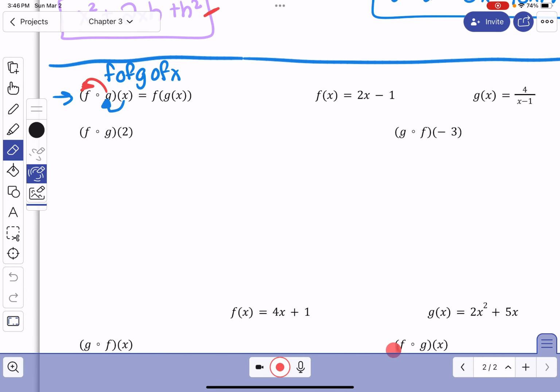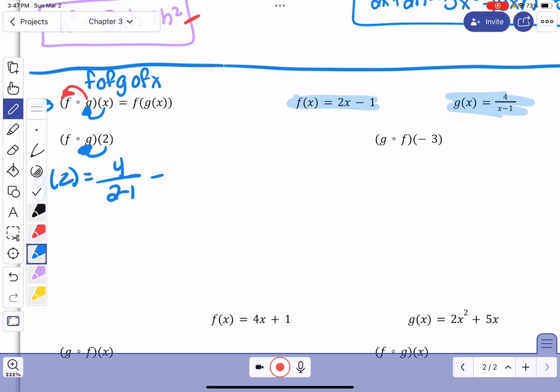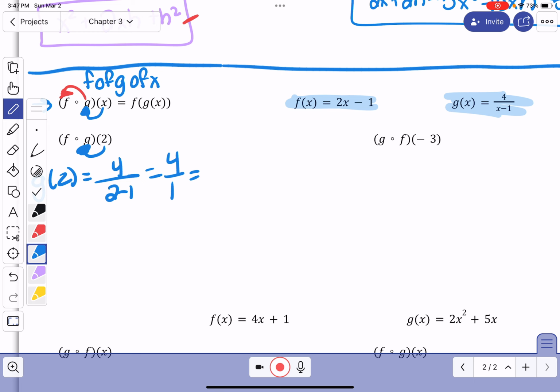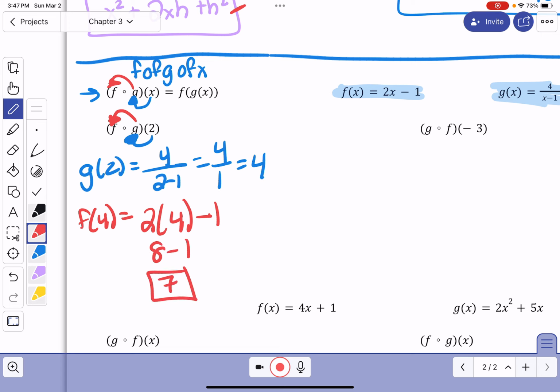So if these are our f and g here, first we're going to plug 2 into g. So g of 2 is 4 over 2 minus 1. 2 minus 1 is 1. 4 over 1 is 4. Then we take that 4 and plug it into f. So f of 4 would be 2 times 4 minus 1, which is 8 minus 1, or 7.